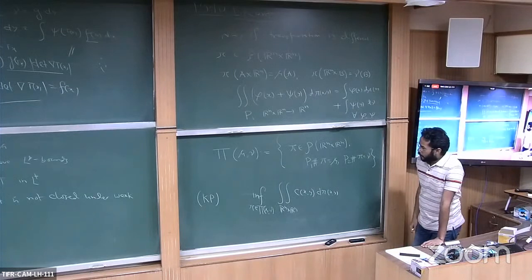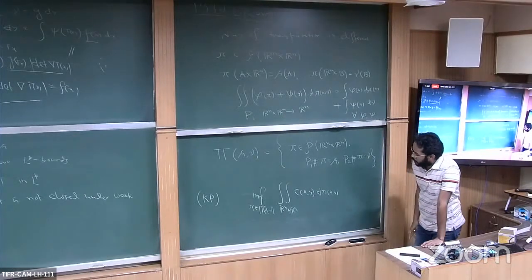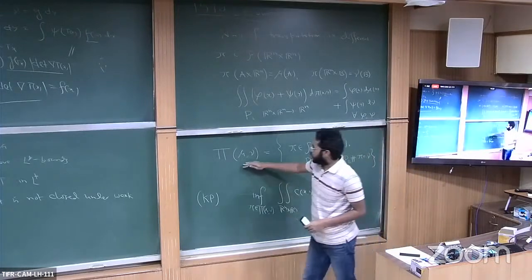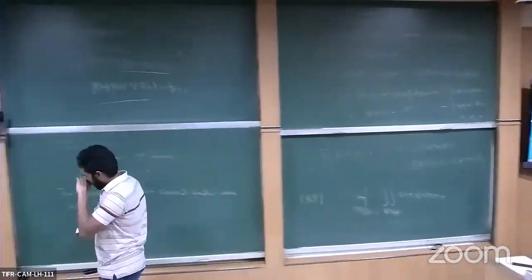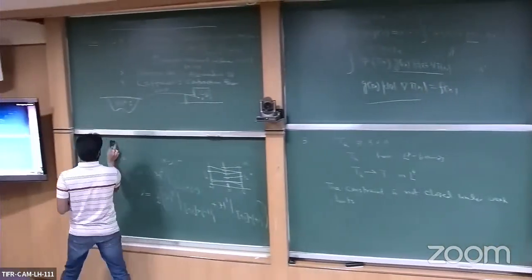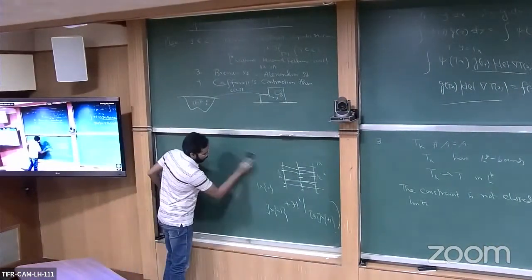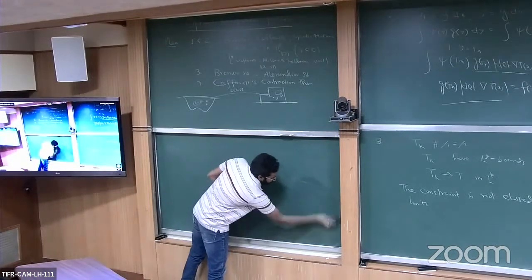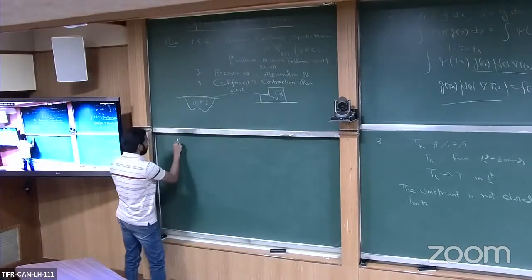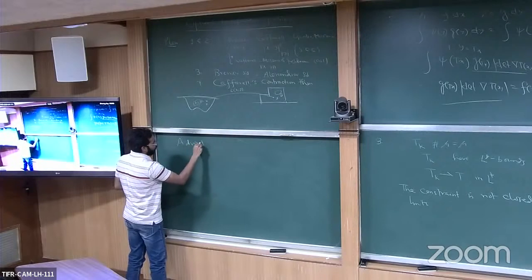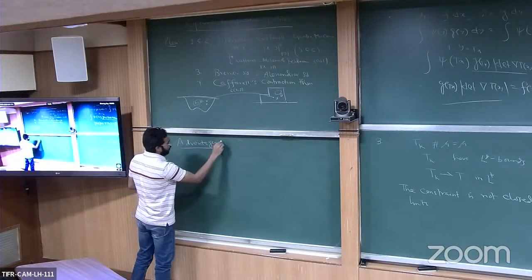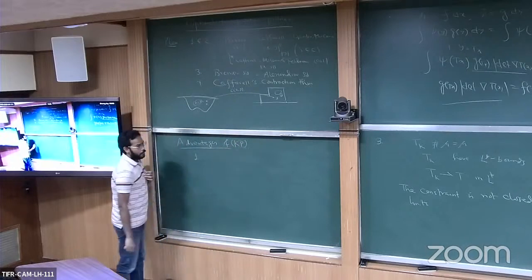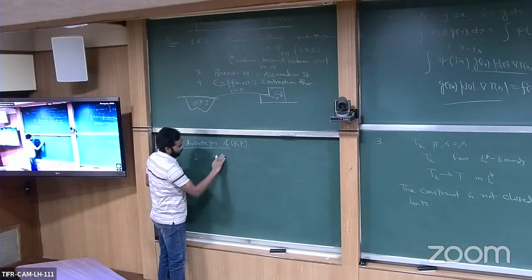Now this has several advantages. The first advantage is that this set, capital Pi, is never empty. The product measure is always there.